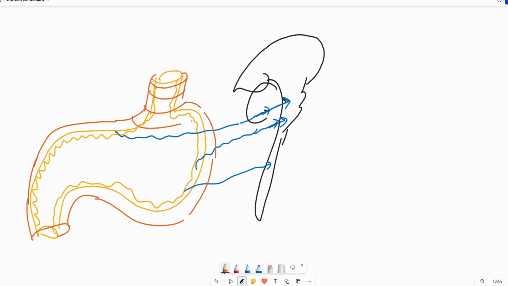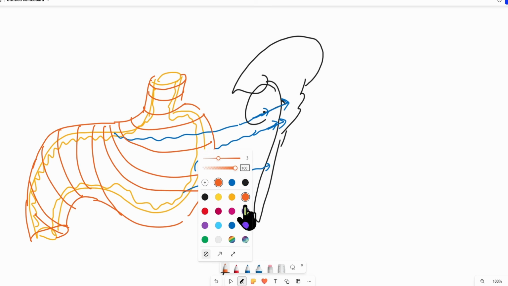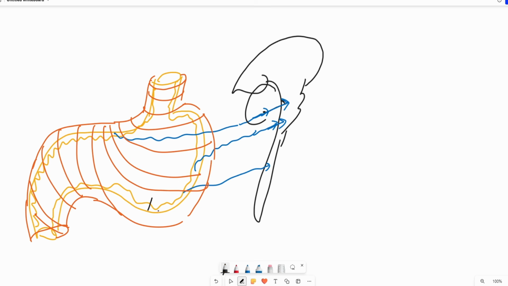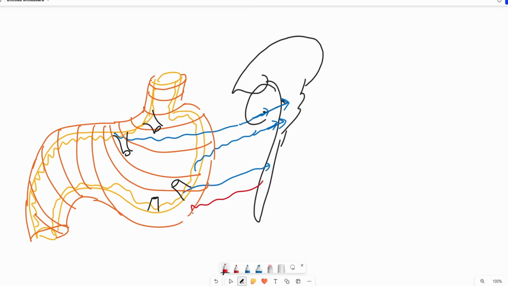These visceral nerve fibers are also innervating the smooth muscles of our deeply seated viscera, and of course they are also innervating the glands, right? So let's assume that these are glands. Of course it's a much simplified diagram. So actually they are innervating the muscularis layer, and they are also innervating the glands.